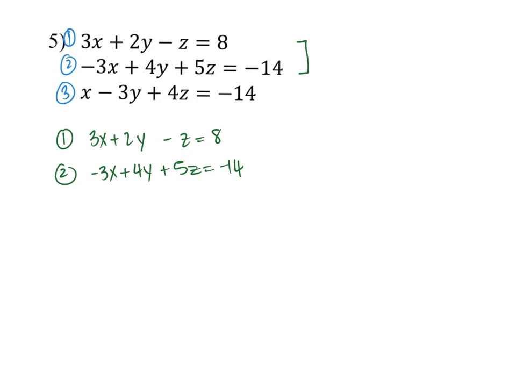And so when I add these two together, the x's cancel. And if I add up the y's, I get 2 plus 4, which is 6y. Negative 1 plus 5, which is 4z. And negative 8 plus negative 14 is negative 22.